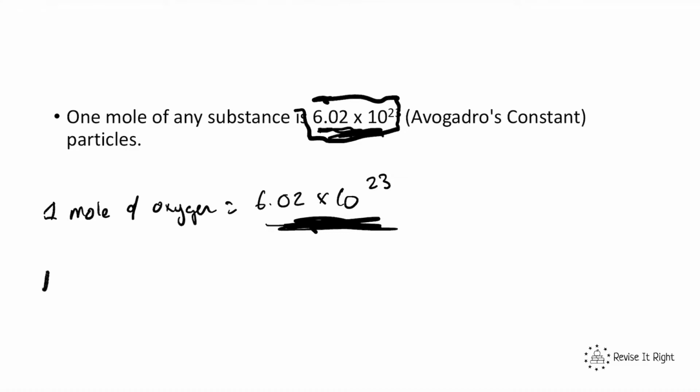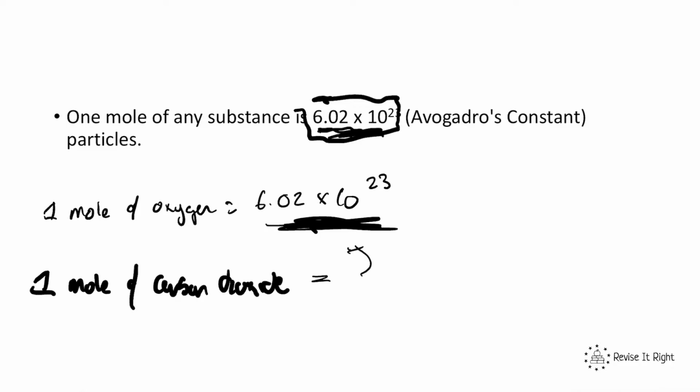So if we then go on and start talking about compounds, if we talked about 1 mole of carbon dioxide, 1 mole of carbon dioxide would contain this number here, 6.02 times 10 to the 23 number of molecules. So that's a very large number to get your head around. But just be aware, if you can remember that number, that amount of particles make up 1 mole of a substance.